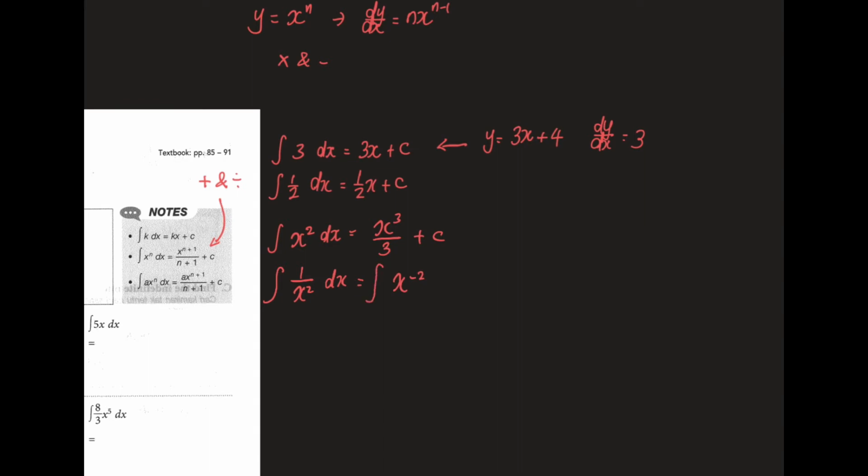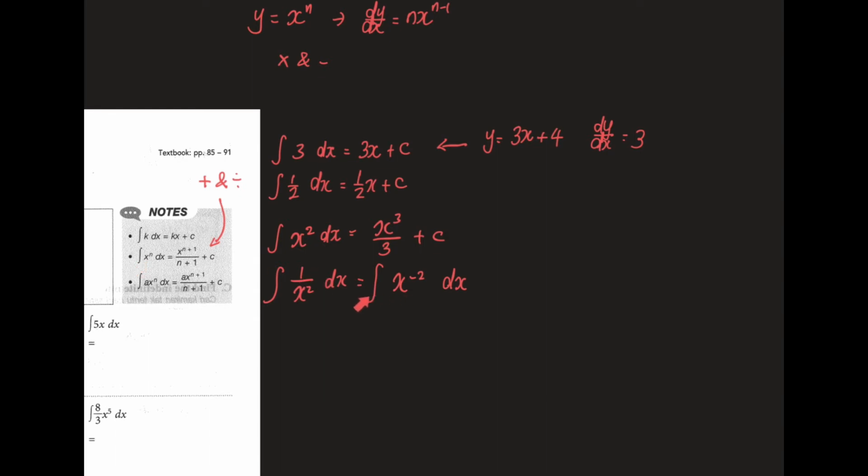But bear in mind, we still need to write this integral sign and the dx, because we haven't started integration. Integration means you have to do something like this. We just rearrange the question so that we can use this formula.